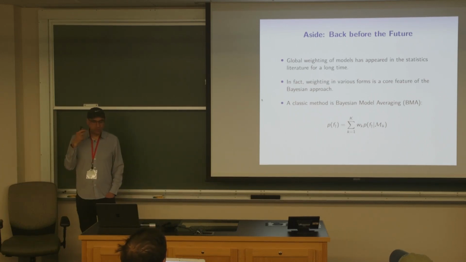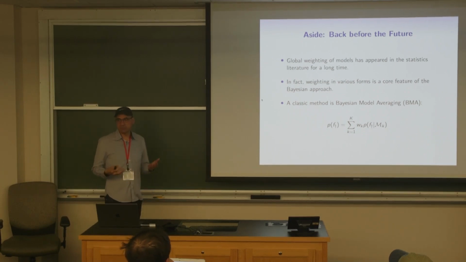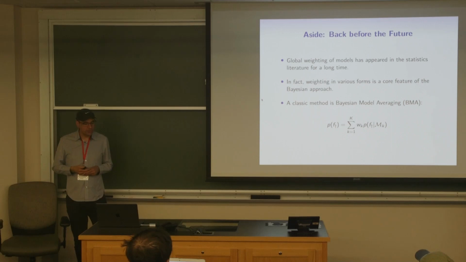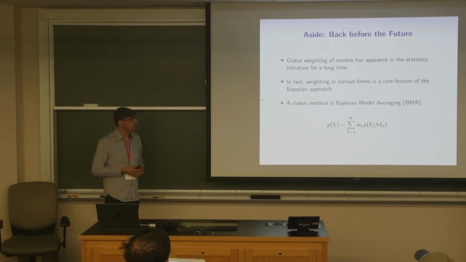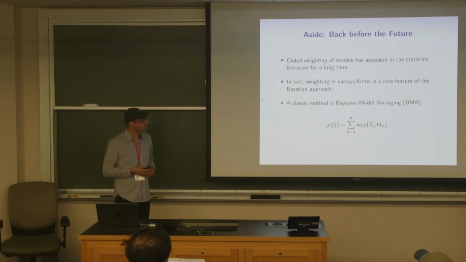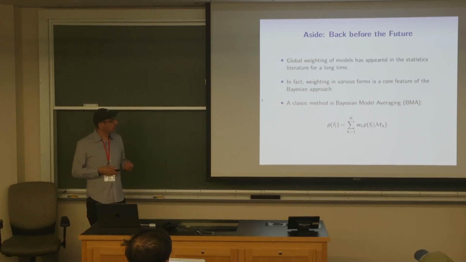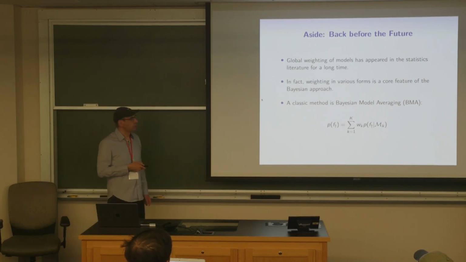This is actually a fairly standard interpretation of Bayesian modeling, that you're weighting things together to get an adequate posterior distribution. And from a model construction approach, a classic construction is the BMA, or Bayesian model averaging approach.